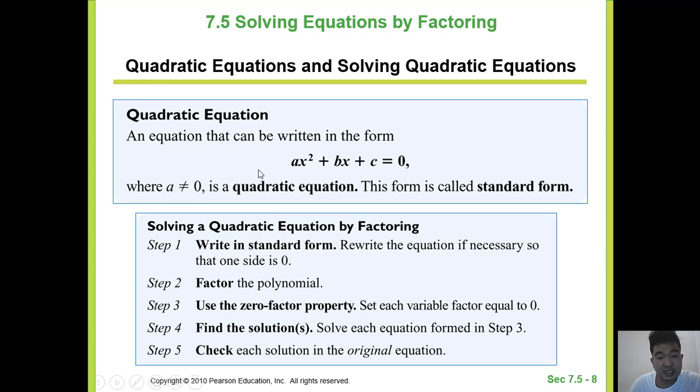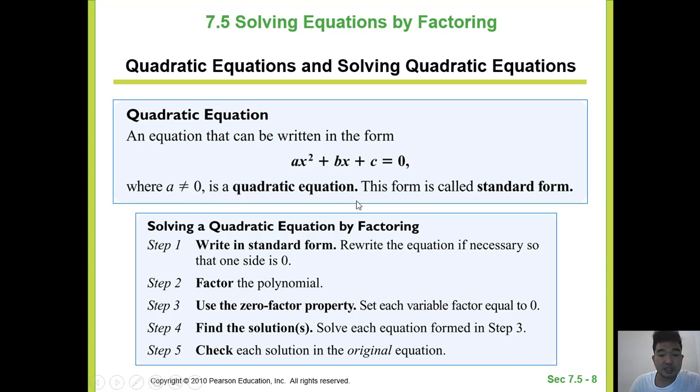If a is equal to 0, this term will be eliminated, and this equation will no longer be a quadratic equation. Instead, that equation will become a linear equation. So a must not be equal to 0. B and c can be equal to 0 for it to be called a quadratic equation, but not a.